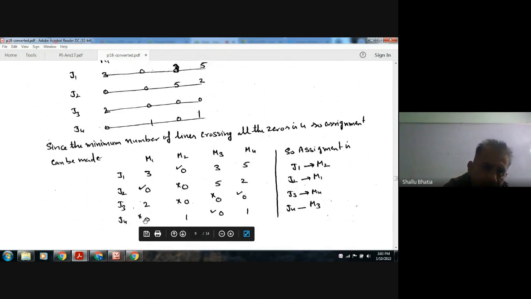Now J3 can be assigned to M3 or M4. We assign it to M4 because J4 cannot be assigned to M1, as we have already assigned J2 to M1. So J4 has to be sent to M3, and J3 will be assigned to M4. So this is the correct order.